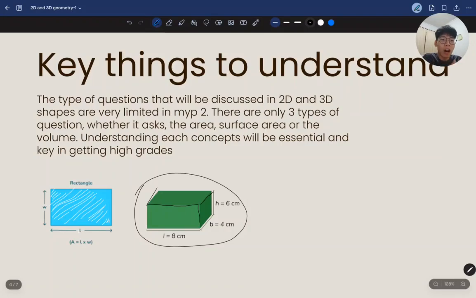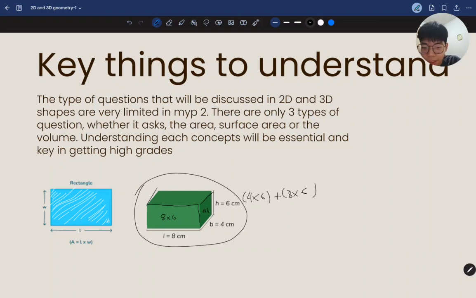So adding all the outer parts is the same as adding all the shapes that form the 3D shape. Therefore, you should add 6 sides. This is 8 times 6. This is 4 times 6.